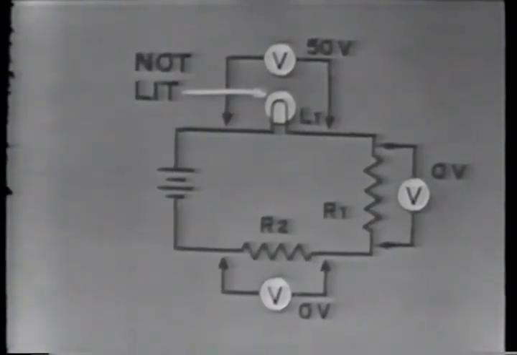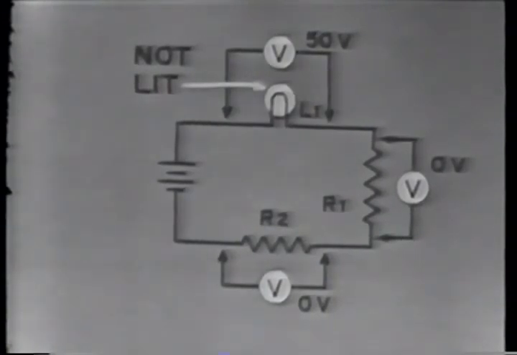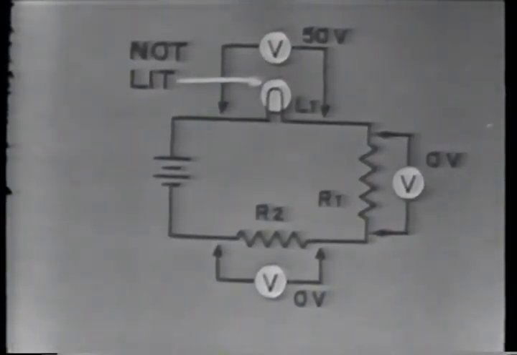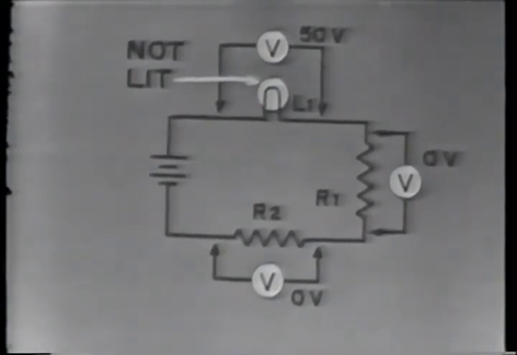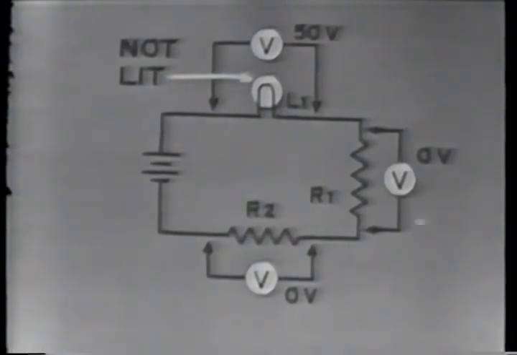It may appear to you, at first glance, that R1 and R2 are shorted. This is sound thinking, since there is no voltage across these two resistors. But what if there is an open some other place in the circuit? Remember, an open in a series circuit stops current flow.